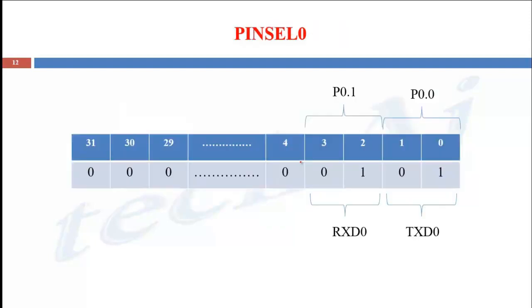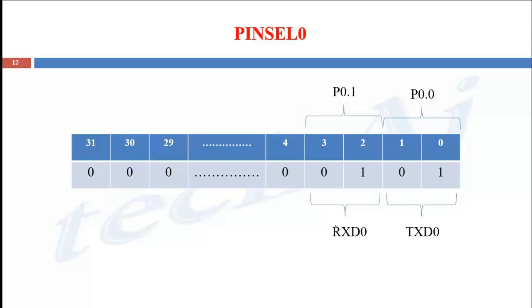So if we have to use UART0, we have to configure the pin functionality of pins as RxD0 and TXD0. In this PINSEL0 register, the lower two bits, that is bit 0 and 1, are used to select the pin functionality of P0.0, whereas bit number 2 and 3 are used to select the pin functionality of P0.1. So writing 01 in these two bits will set the pin functionality of these pins as TXD0 and RxD0.